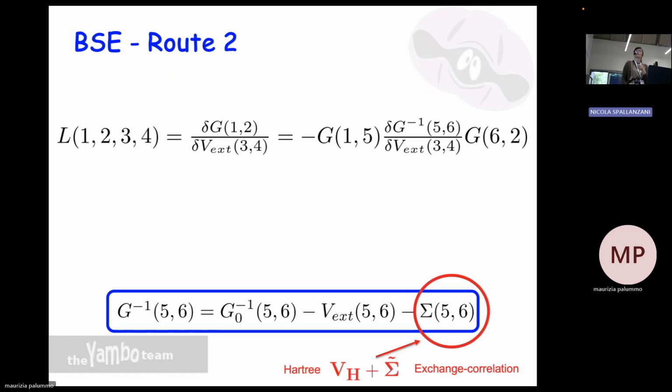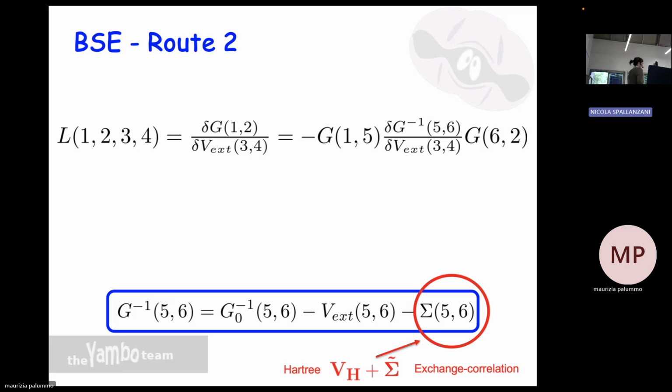Then, remember the Dyson equation. This is another form to write it: G minus 1 is G0 minus 1 minus this term. Here is the external potential that we introduced in the theory, the functional derivative, and this is sigma, the exchange-correlation part, here called sigma tilde, together with the Hartree potential.